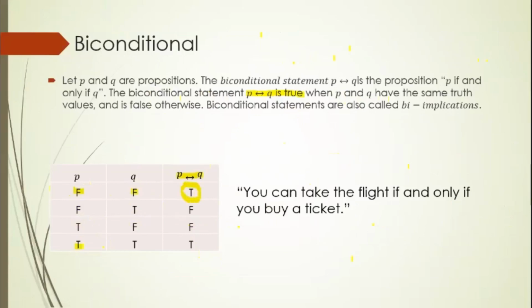If P and Q are both true, then you will have a true truth value. If not, we will have false. We would see if you have different inputs for P and Q, the answer would be false.